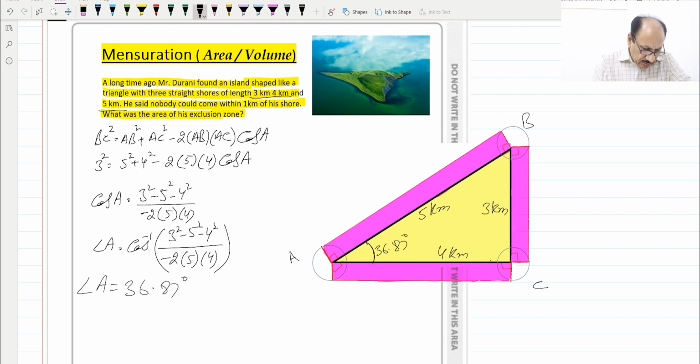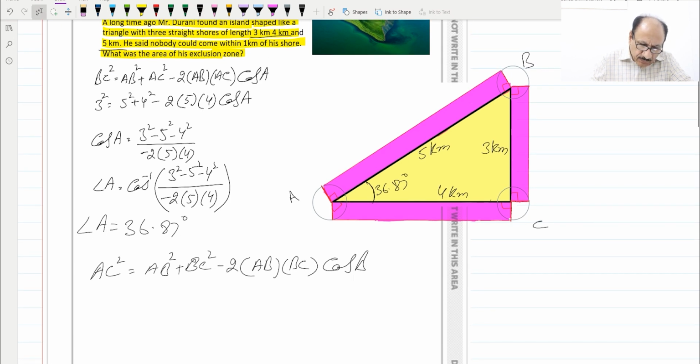Now the other angle, we can find angle B. For angle B we will take this opposite side, which is AC. So we can write AC square is equal to the other two sides square, AB square plus BC square minus 2 into AB into BC cos of B, and similarly we have to replace the values.